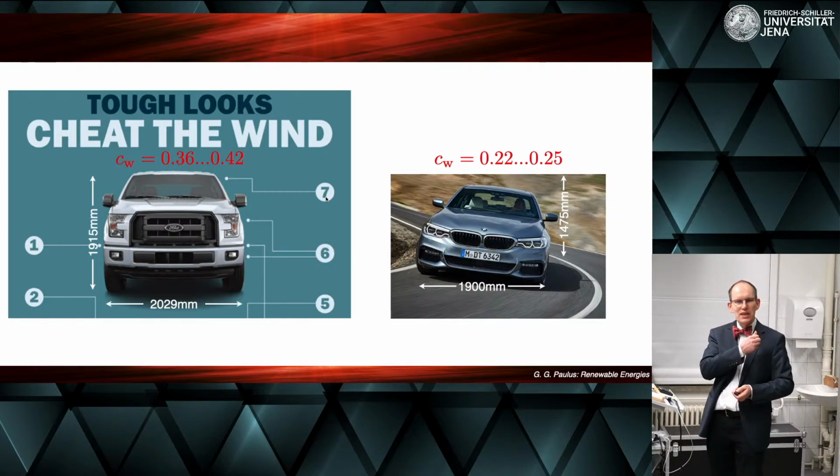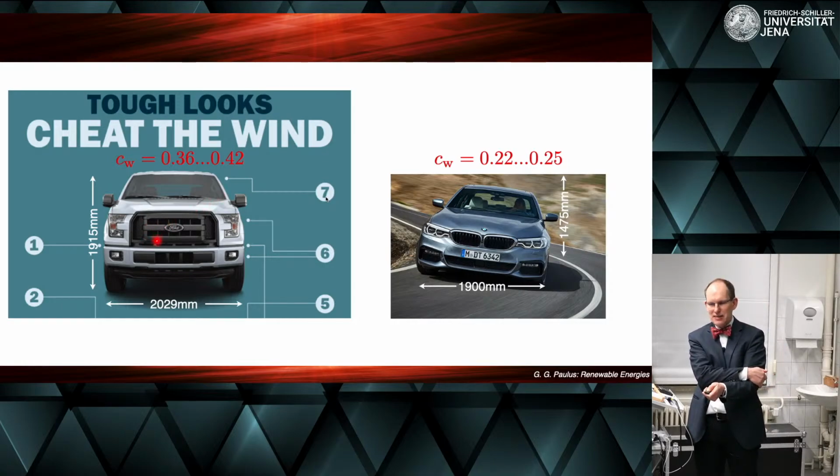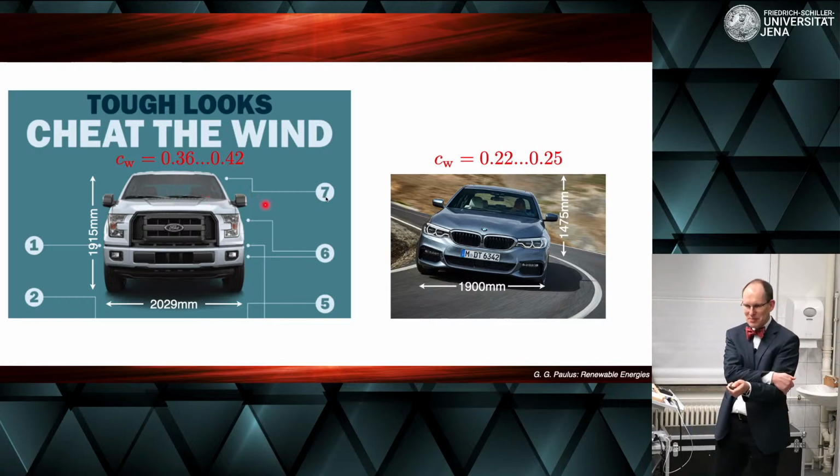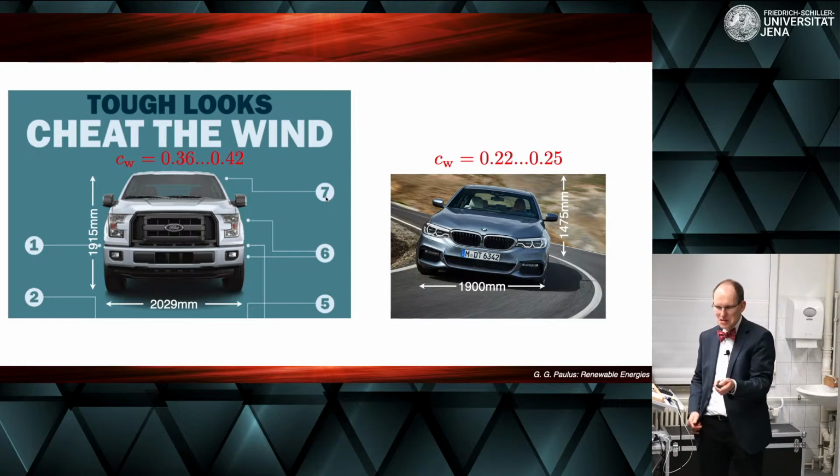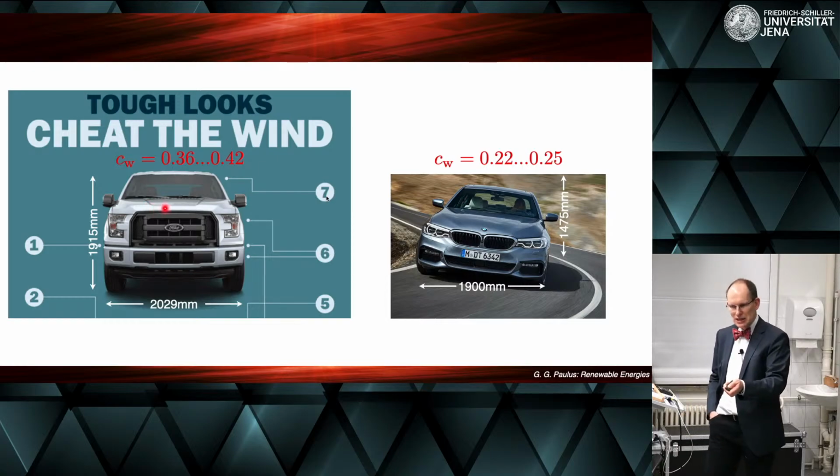But actually, in Germany, we are also building stupid cars like that. I looked up an Audi Q8, and it has interestingly a similar drag coefficient of 0.36. I thought that they would be better. This is a truck, so it has an open back, a loading area, and I thought that this should make a larger drag, but actually these SUVs apparently also have a pretty high drag coefficient.